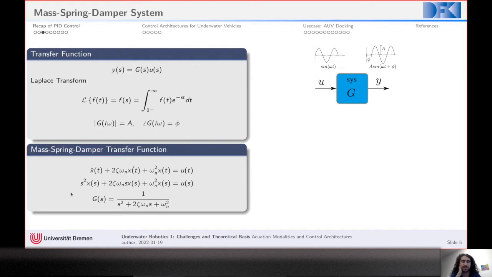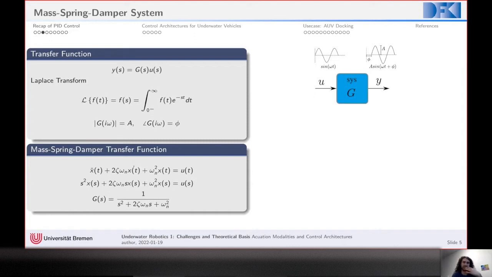If we take the time derivative, x dot, the Laplace transform will be s multiplied by x of s, and for the double derivative, s squared, and so on. To get this transfer function g of s, the only thing we have to do is divide y of s by u of s. Then we get what we know as a second order transfer function.